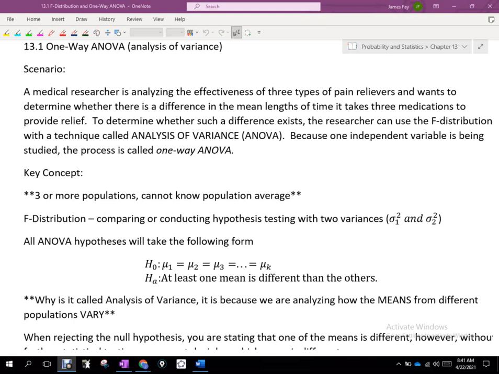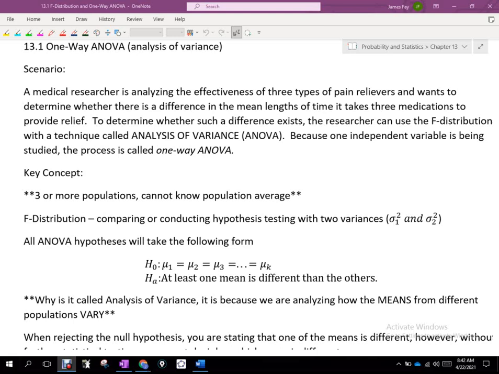Okay, but let me give you a scenario here that I think is the best way for describing what this ANOVA testing is all about, what it does for us. So the medical researcher is analyzing the effectiveness of 3 types of pain relievers and wants to determine whether there's a difference in the mean lengths of time it takes 3 medications to provide relief.